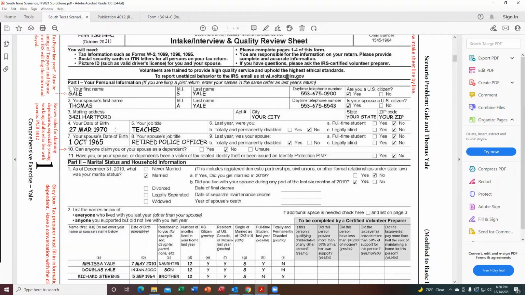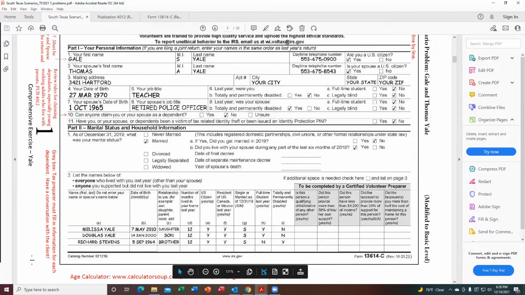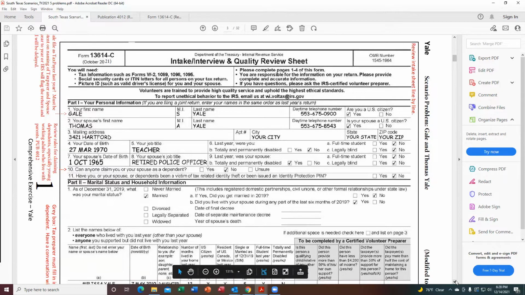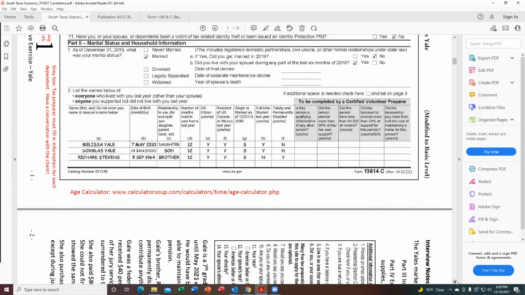So if you notice, she's a teacher and he's a retired police officer. And they have phone numbers, so forth. Remember, part of the process, you must have social security cards, you must have picture ID, and their information in regards to the tax information and the forms that they'll need. Section 2 covers marital status and the information on the dependents.